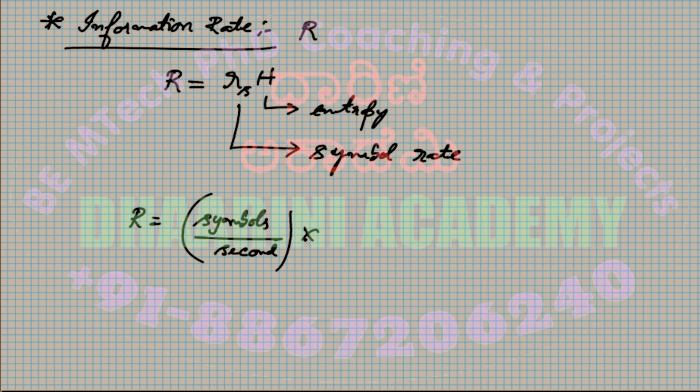I multiply this with H. H is the information per symbol, right? Information in the sense it can be bits or any other unit, per symbol. So you can see that the symbols will get cancelled, and I'm left with bits, that is, information per second.